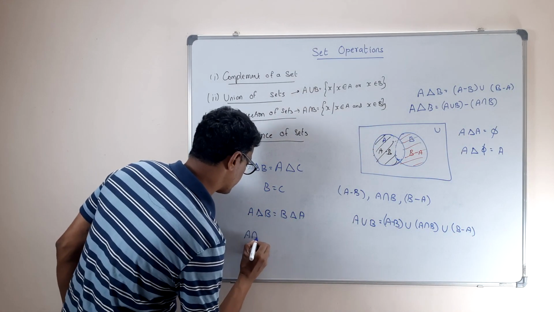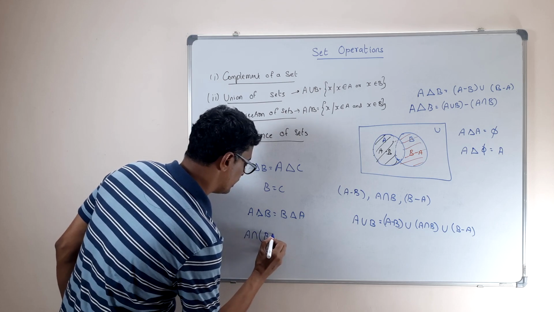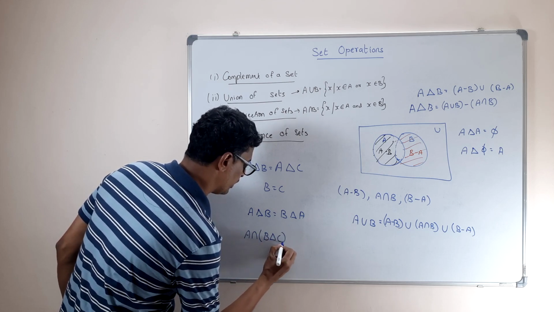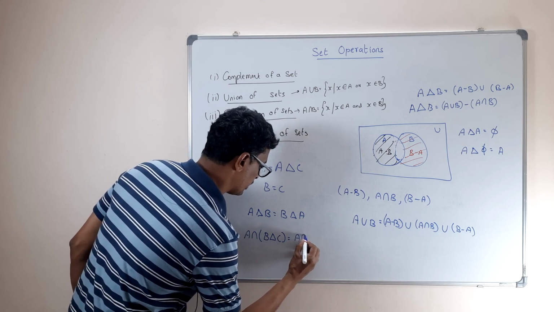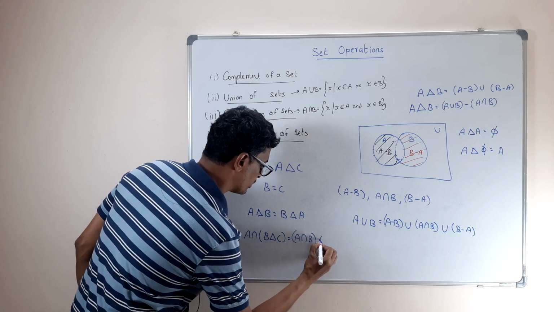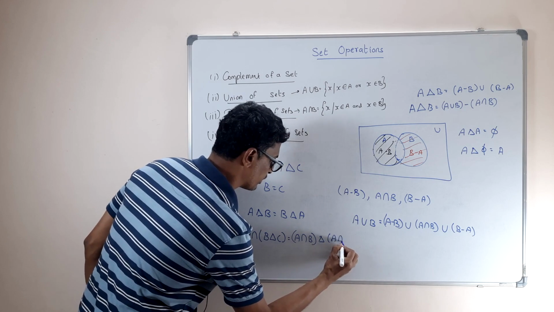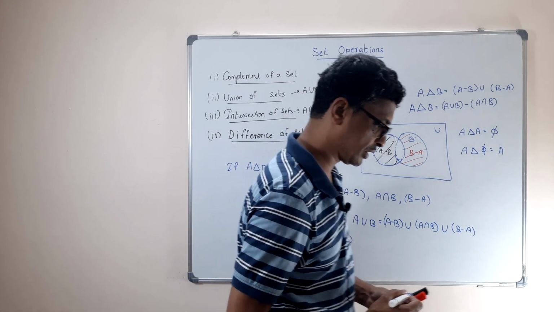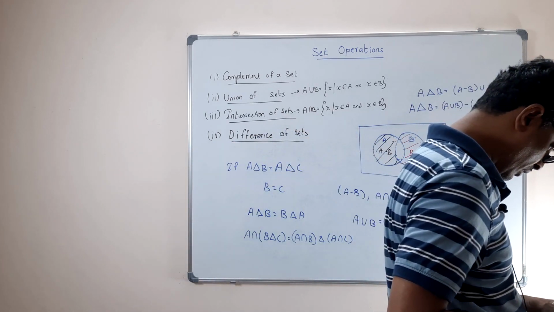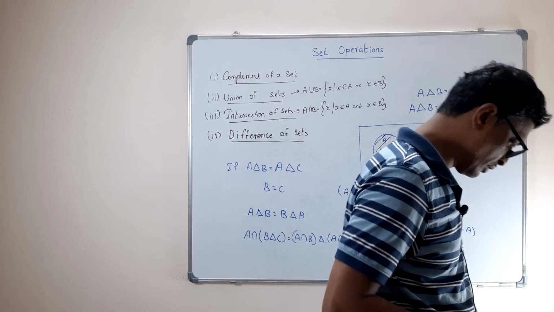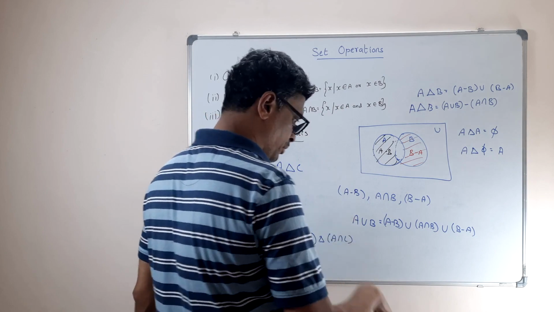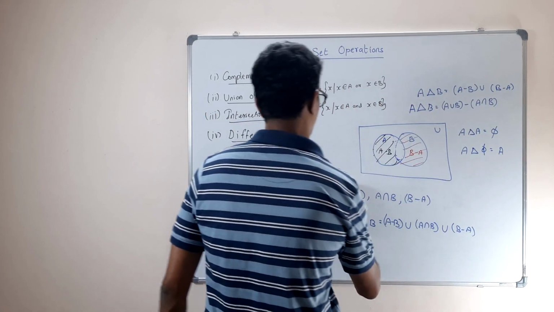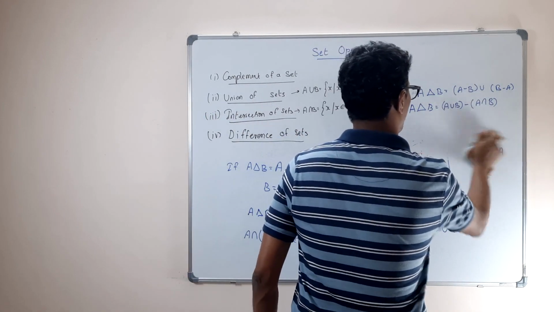A intersection B symmetric difference C will be A intersection B symmetric difference A intersection C. Is that correct? In your book, there is a mistake. There it is B here. Okay. Shall we prove it?